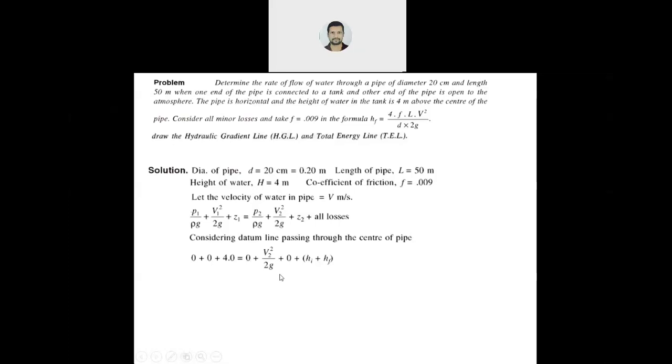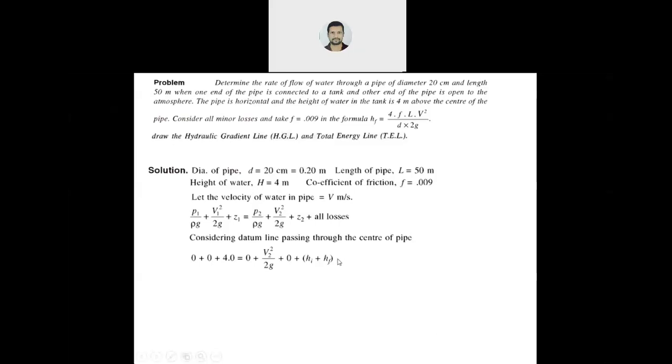Next, the difference of height. Let Z1 be 4, then Z2 will be 0. We are taking the level of the pipe as the reference level. So Z2 will be 0 and Z1 will be equal to head H.